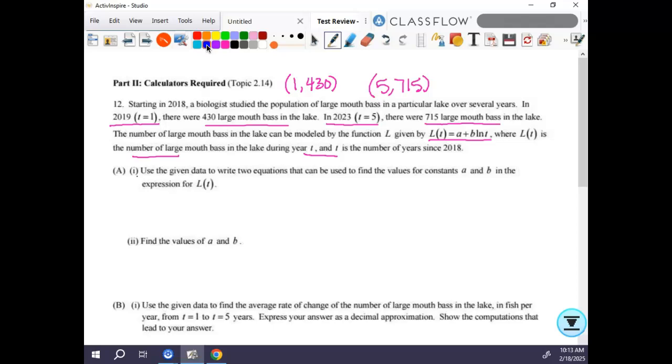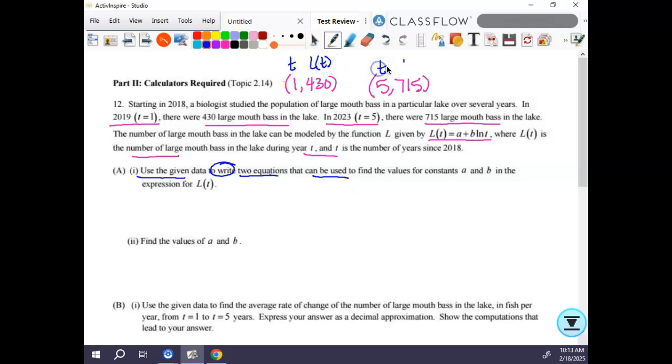We're going to use the given data to write two equations that can be used to find the values for constants a and b. Do not miss this part. It does not get much easier than this. This is t, this is L of t.